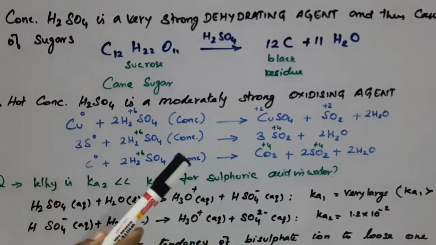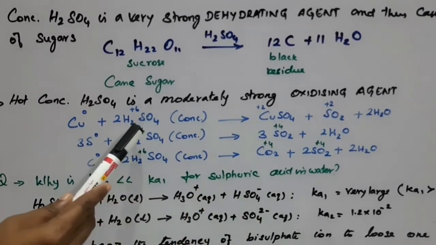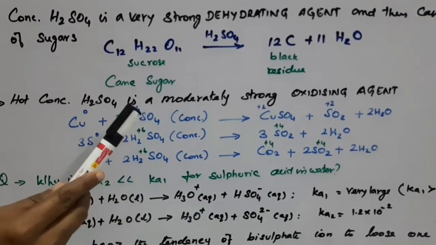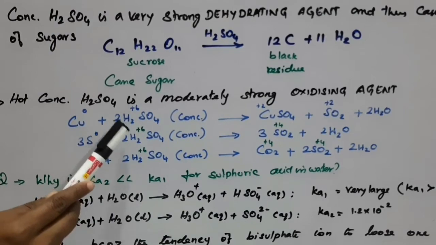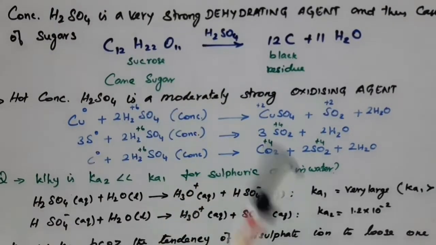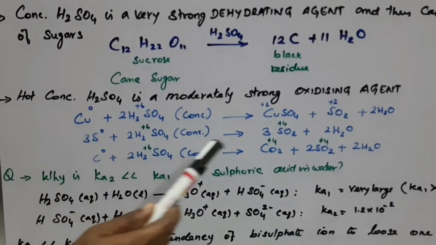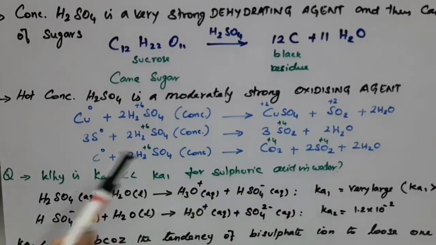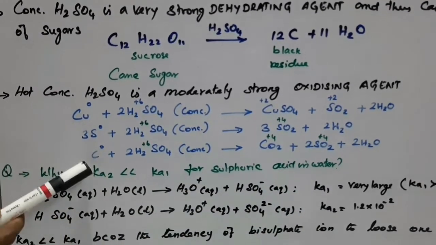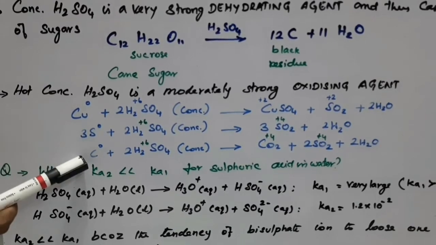So sulfuric acid is a strong oxidizing agent, and sulfur dioxide is a strong reducing agent. Sulfur reacts with sulfuric acid to form sulfur dioxide and water, and sulfuric acid reacts with both metals as well as non-metals.